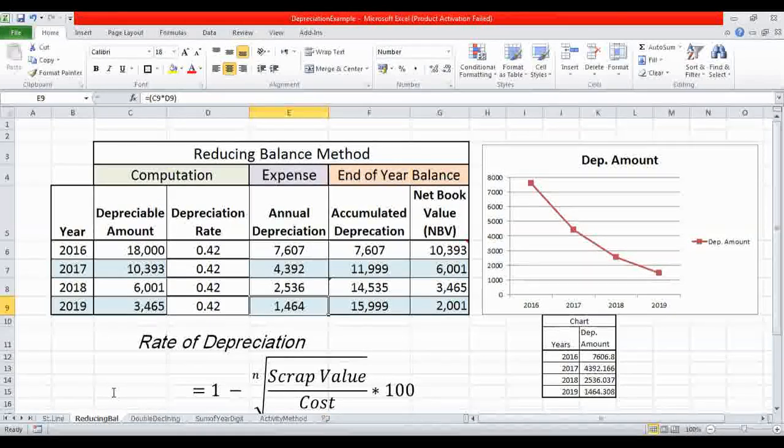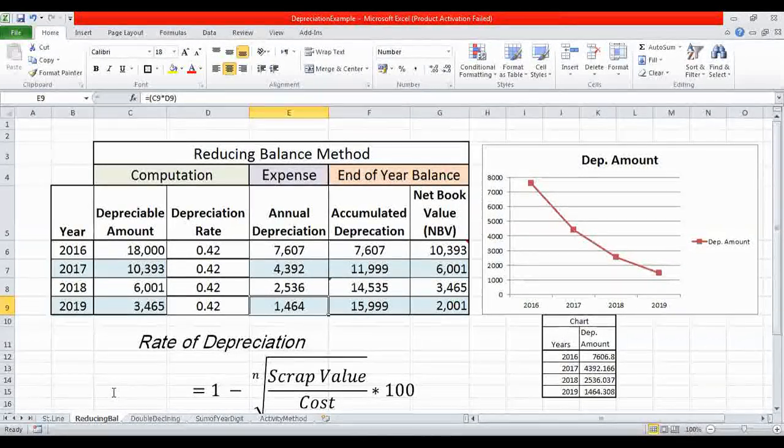By the way, the reducing balance method is also used because most of the time companies feel that when we purchase a new asset, it can produce more goods and services than in later stages of the asset. So sometimes the reason for using the reducing balance method is that new property, plant and equipment produce more goods and services because they are new machines.